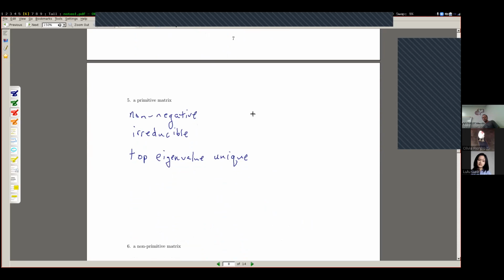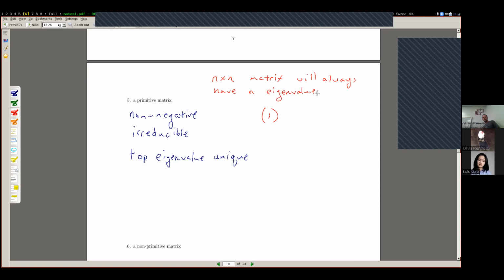Again, a simple thing to always think about is the smallest matrix that might possibly satisfy these conditions. We said before that a 1-by-1 matrix is non-negative and irreducible. How many eigenvalues does it have? An n-by-n matrix will always have n eigenvalues.